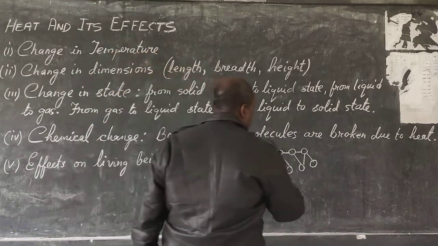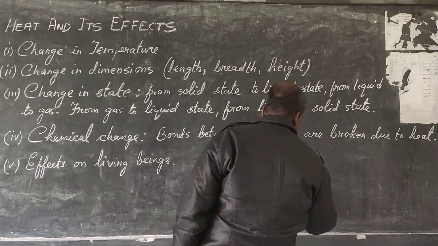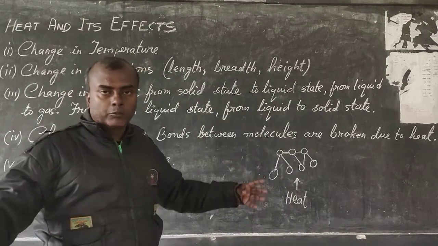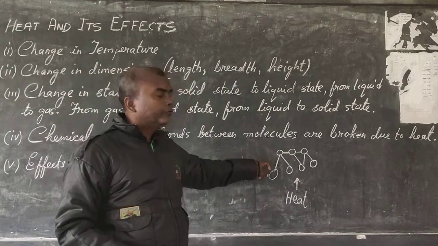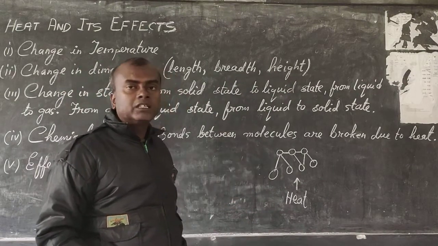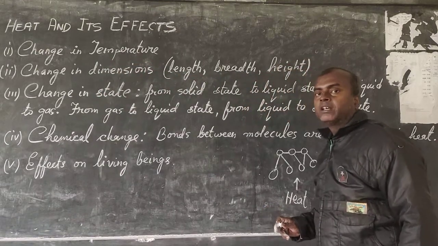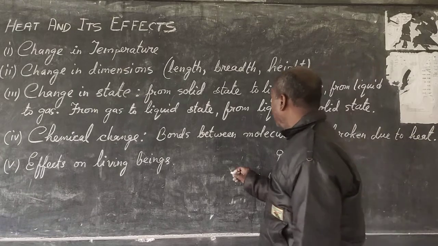So if I supply heat to this object, which is made up of molecules, and molecules are holding each other with the help of bonds, then the heat disturbs the bonds or reduces the bonds. The bonds break.